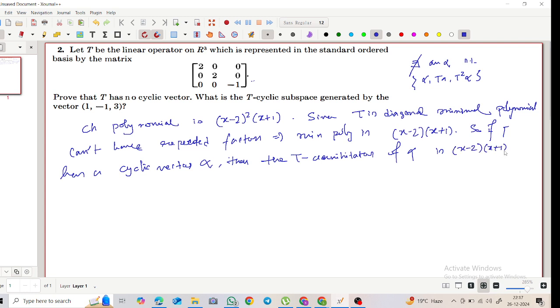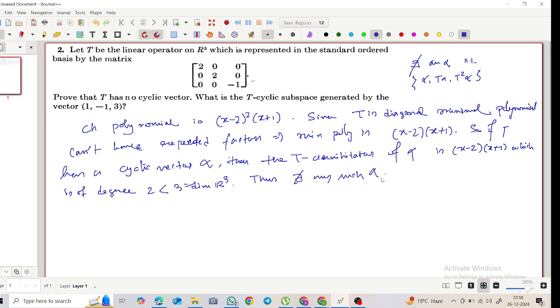Okay. Which is of degree 2, which is less than 3, which is the dimension of R3. Okay, so clearly, thus there does not exist any such alpha.